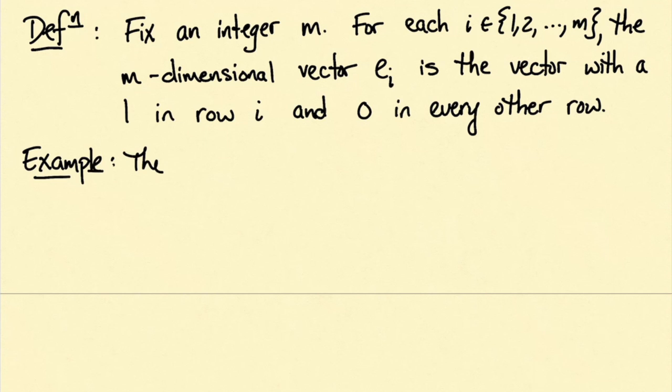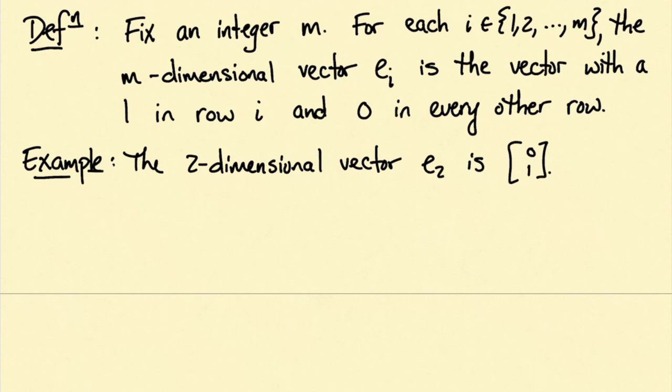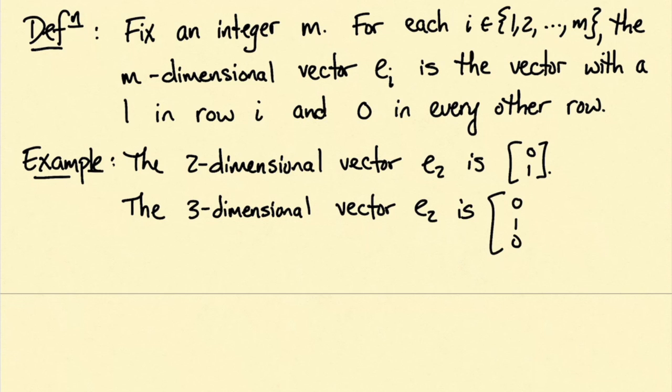For example, the two-dimensional vector E2 is the one with a 0 in row 1 and a 1 in row 2. The three-dimensional vector E2 has a 0 in the first row, a 1 in the second row, and a 0 in the third row.